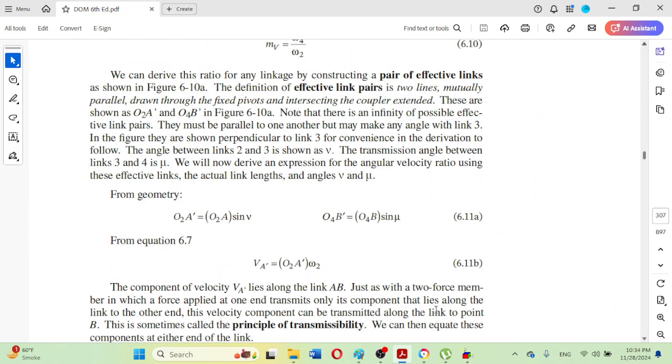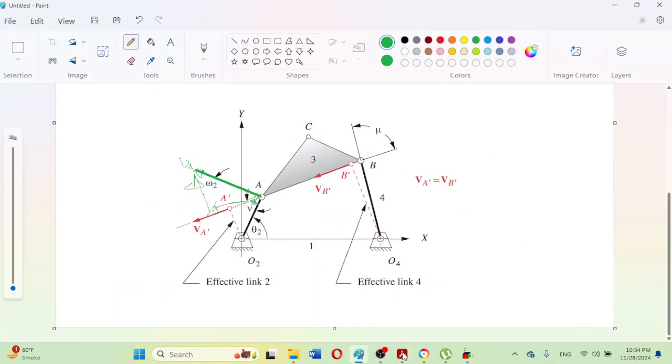The other method of obtaining VA dash is that we resolve this VA, which is the absolute velocity of point A, into two components. One component is actually this line, which is a bit curvilinear.